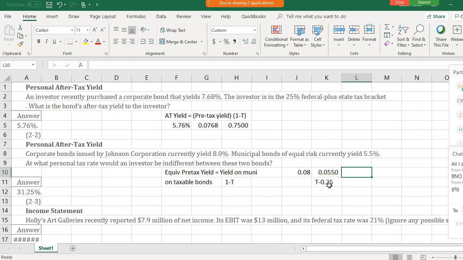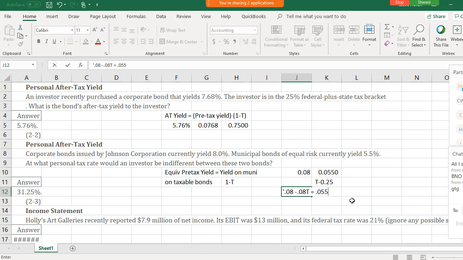And so what I have to do is simplify this and get it down to the next step. I'm just going to do this as a value so it's easier to say. Well, I can take my 0.08, and then I have to subtract from that 0.08t, and that equals 0.055.